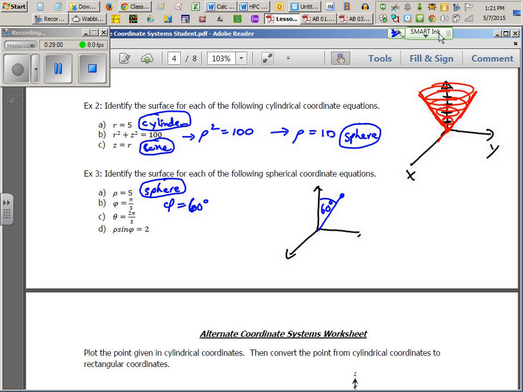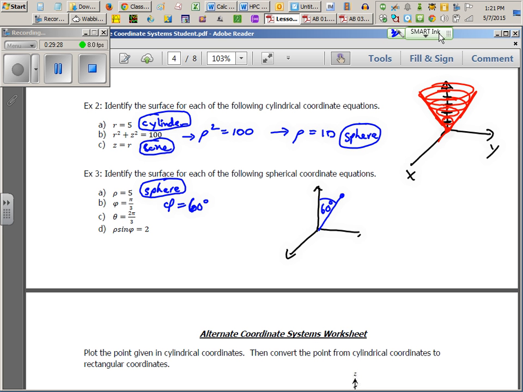But it doesn't say which way, right? So I could drop this forward, or to the side, 60 degrees, or to this side. In other words, it's any direction, 60 degrees. Drop 60 degrees in an unpreferred direction. That's a cone, isn't it? So that's also a cone.